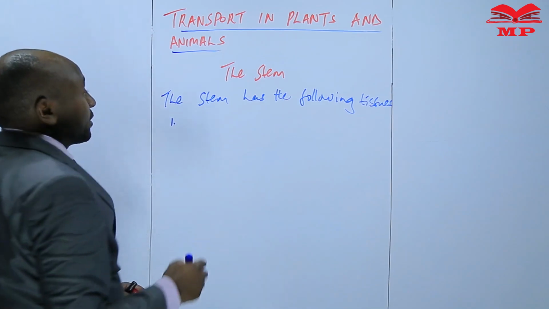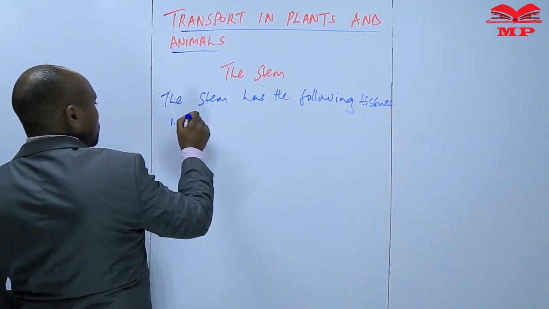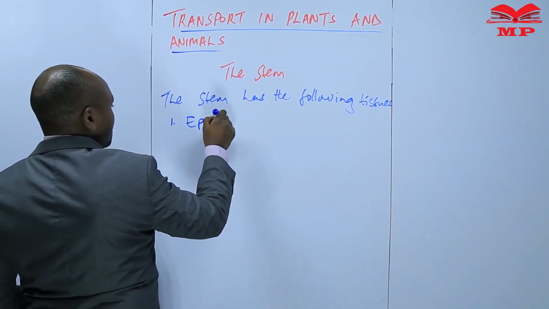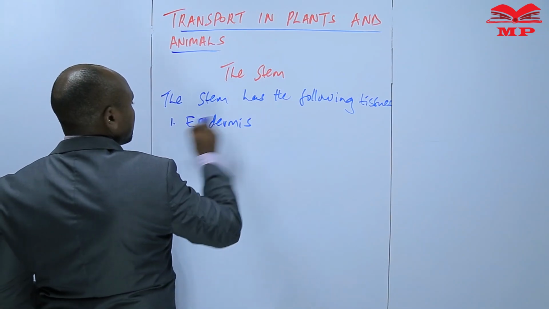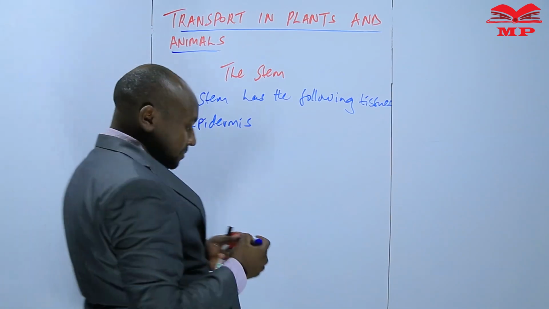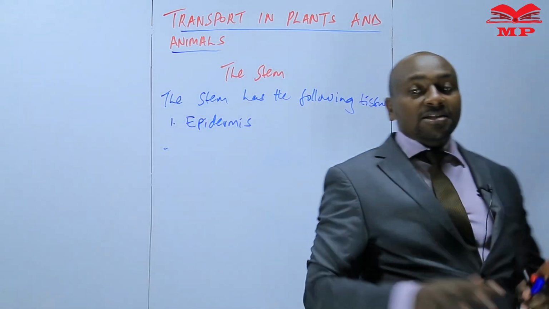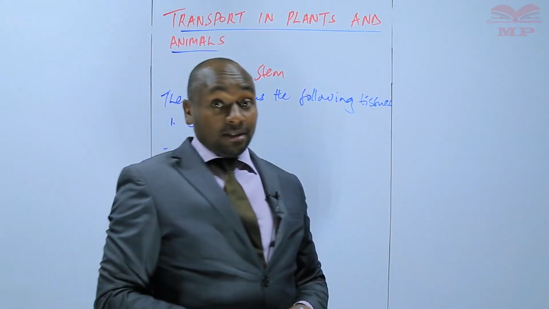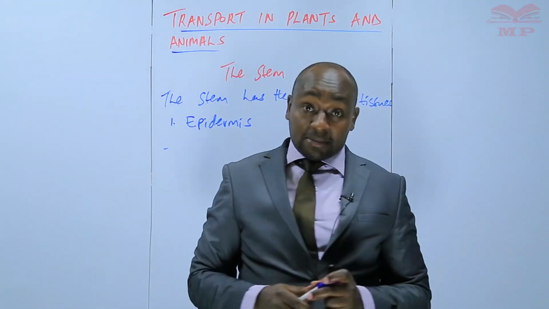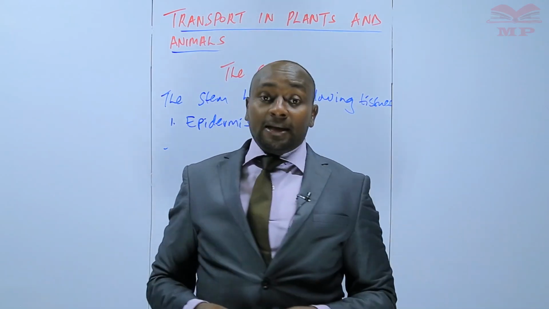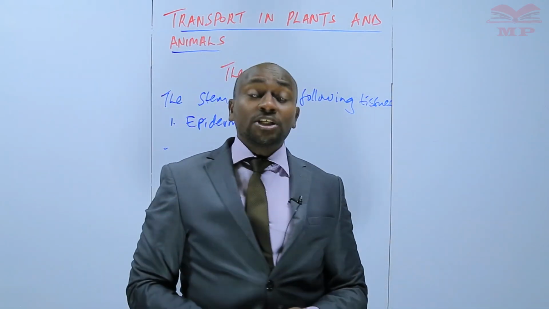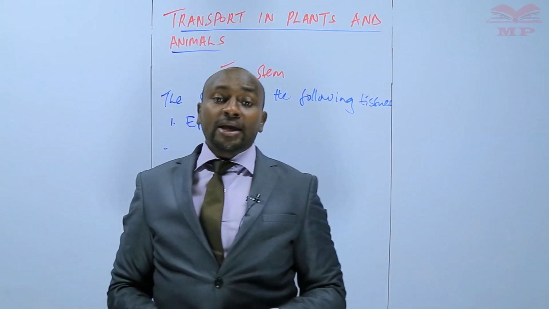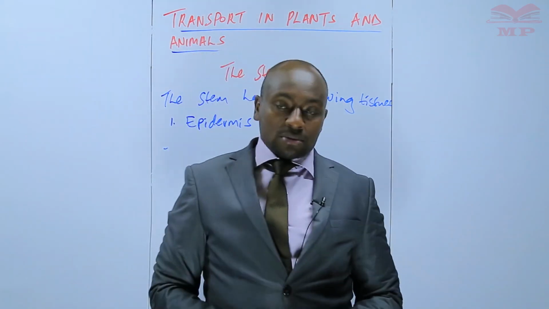Number one, the outermost tissue is the epidermis. It's the epidermis, and this is the outermost layer of cells that cover the stem. And this particular tissue is mainly for protection.